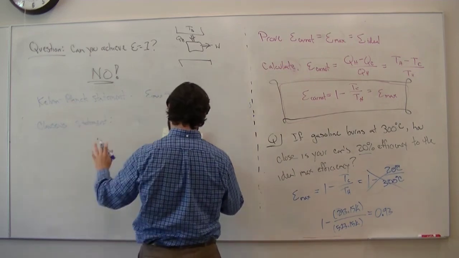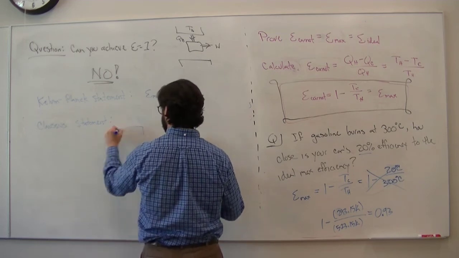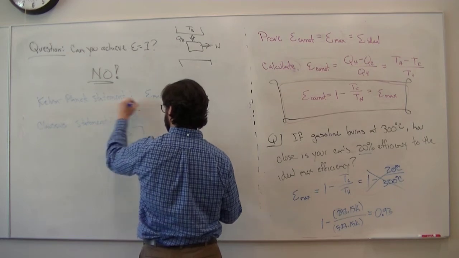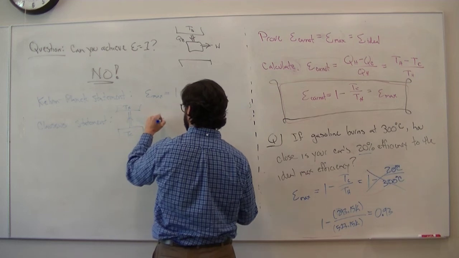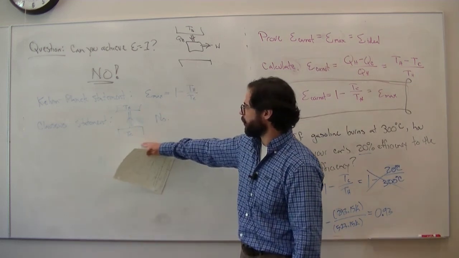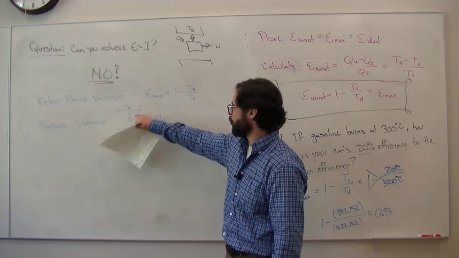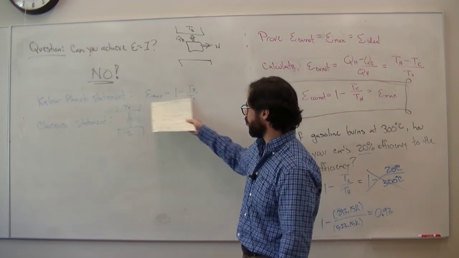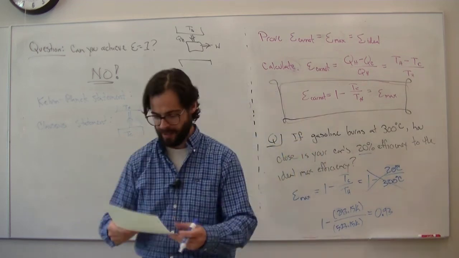And all of these are the second law of thermodynamics. So this is basically what we started with, that heat does not spontaneously flow from cold to hot. And then our second version is that you cannot beat the Carnot efficiency. So this is the maximum efficiency that you're allowed to achieve.